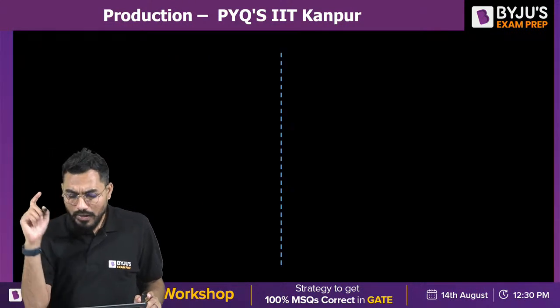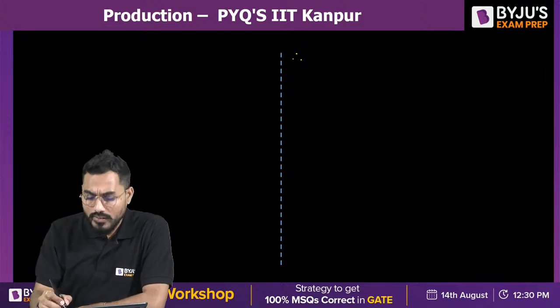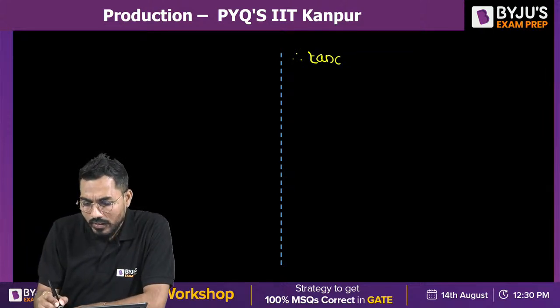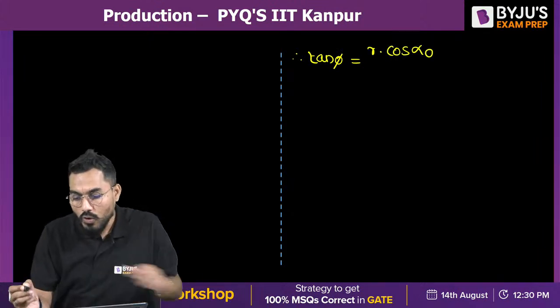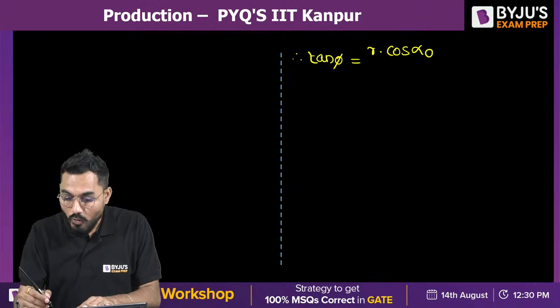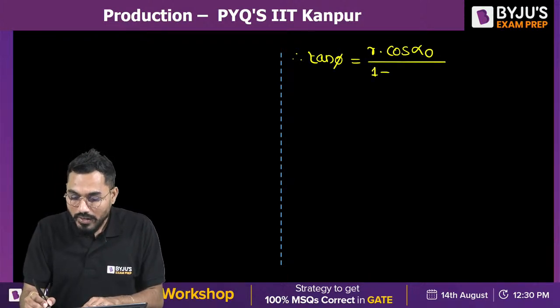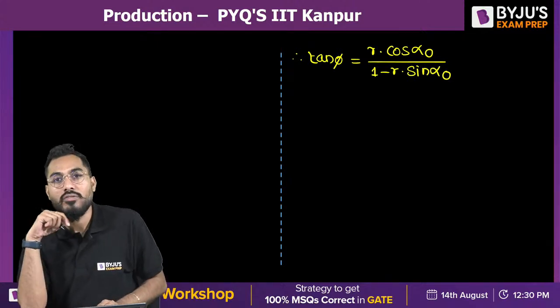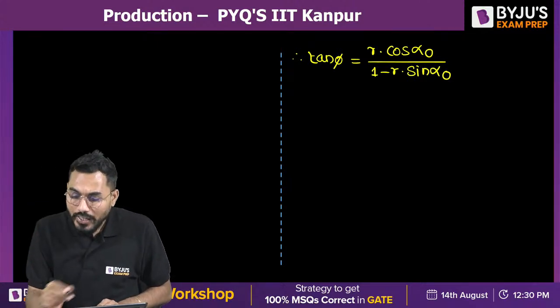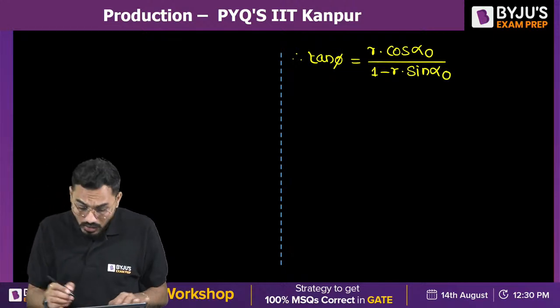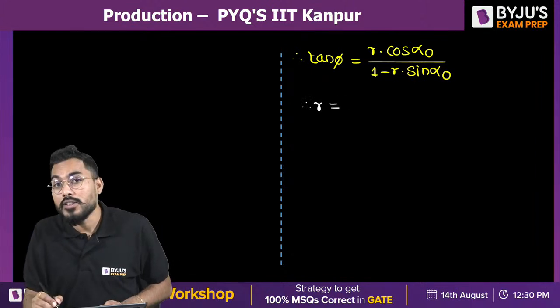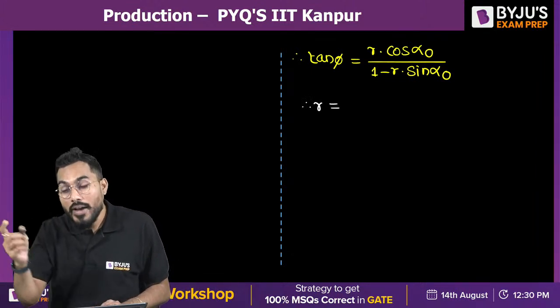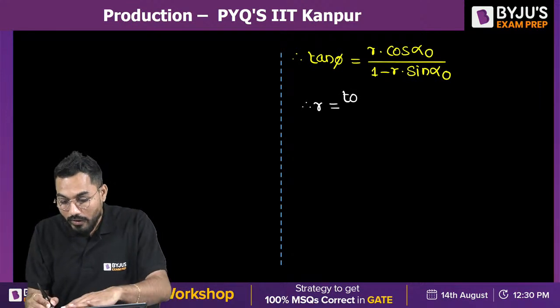The standard formula is: tan phi is exactly equal to r cos alpha 0 divided by 1 minus r sin alpha 0. We require r. What is r? r is nothing but the chip thickness ratio. What does chip thickness ratio mean? Uncut chip thickness divided by thickness of the chip, that is t0 divided by t1.